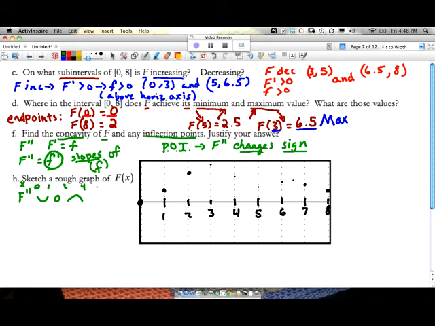And then from 4 to 6.5, we had concave up back on that other screen. And then from 6.5 to 7, is it from 6.5 to 7? No, it's from 6. This is from 4 to 6.0.